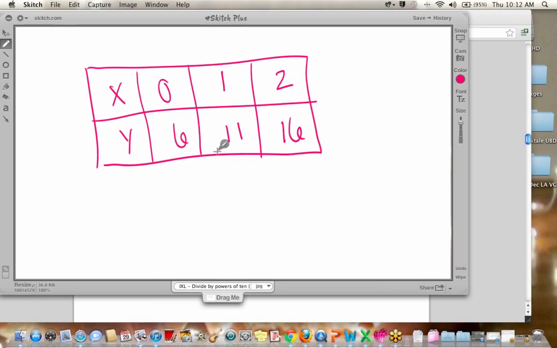I could multiply it by 5 and add 6, and that would work. Let's see if that would actually hold true for this column. What's 5 times 2? 10. 10 plus 6 is 16, so that would work.